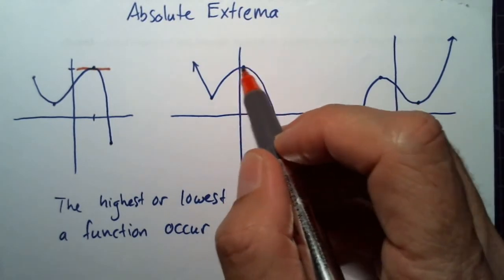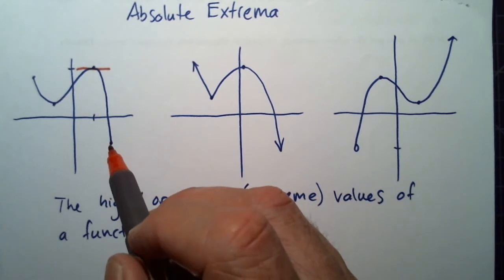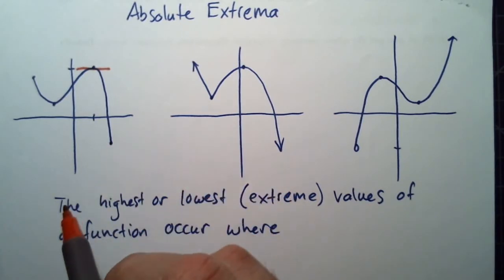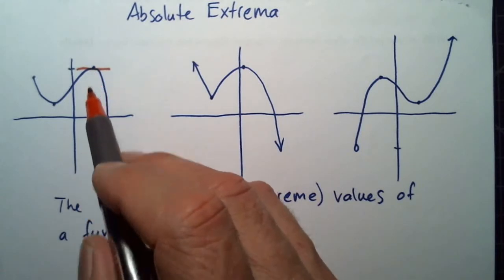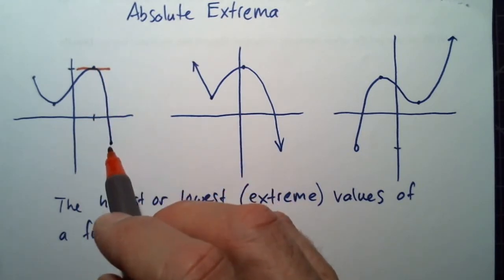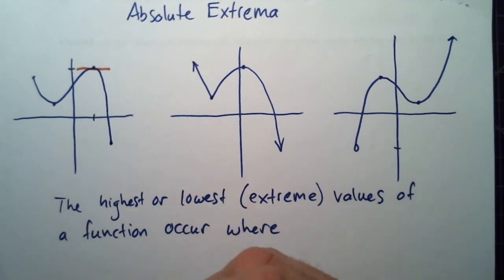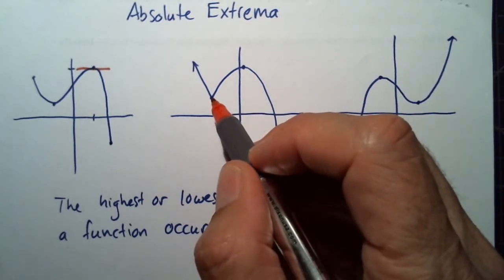Here we have a slope of 0. It's not an absolute maximum. And the absolute minimum on this graph is at an endpoint. So we can look at an x value where the slope is 0, or look at an endpoint, and those are the 2 points where an absolute extremum can occur. Also look at this.